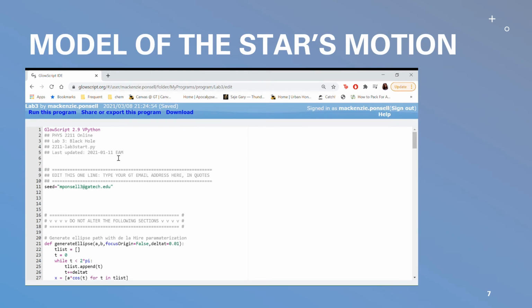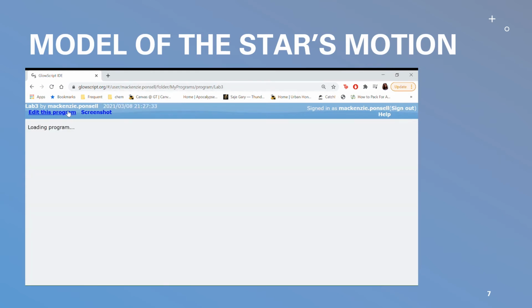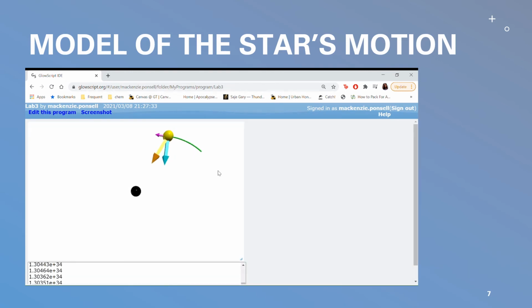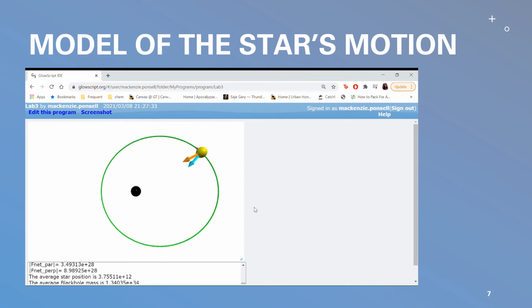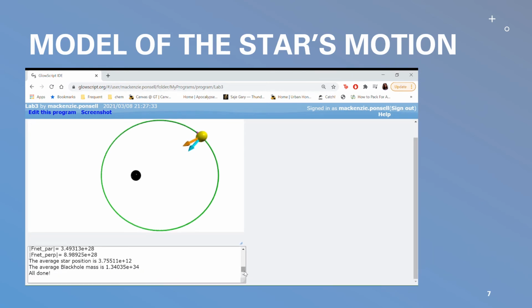As the code is run, the magenta arrow is the Fnet parallel, the cyan arrow is the Fnet perpendicular, and the orange arrow is the Fnet. Notice how the magnitude of the arrows change as the star gets closer or further away from the black hole. Our code prints the mass of the black hole after each iteration.